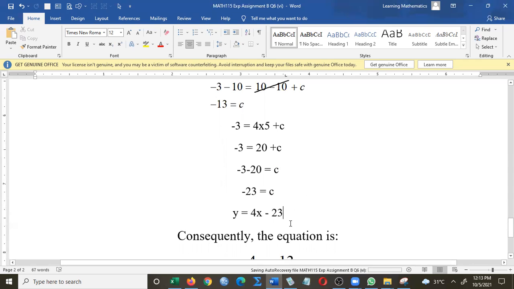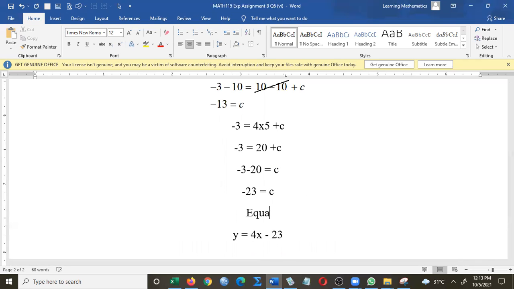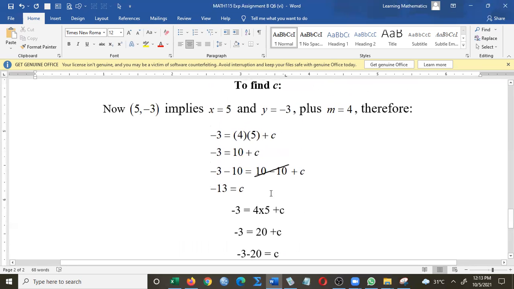So that is the equation of the line: y is equal to 4x minus 23. So ignore this error, let me just erase it.